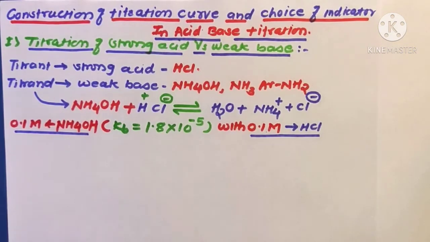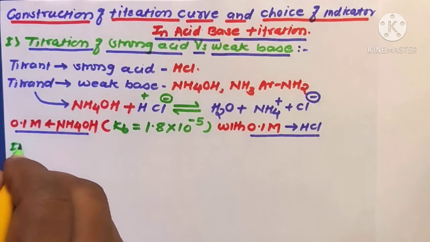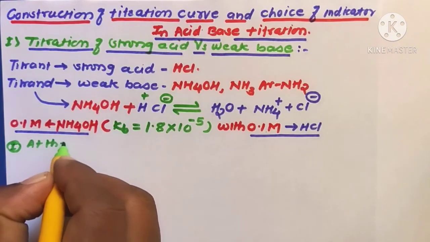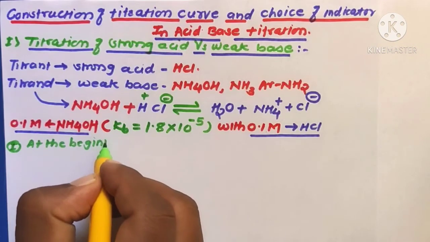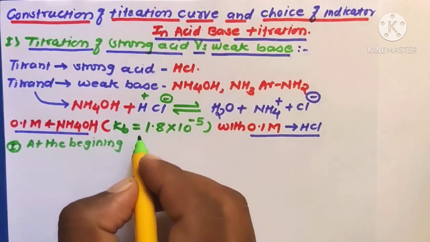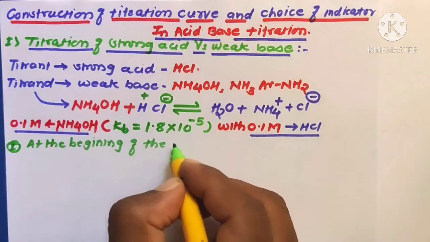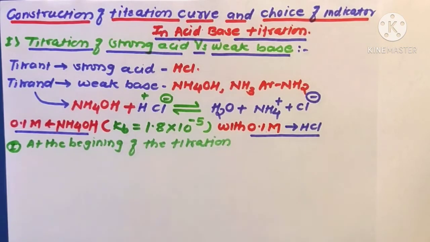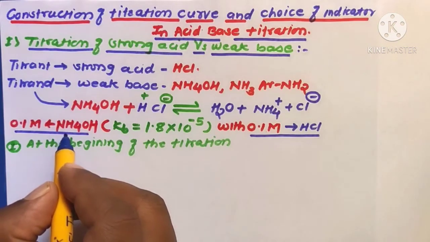Therefore, the pH value at the various stages can be calculated in the following manner. The first one, at the beginning of the titration. At the beginning of the titration, in the conical flask there is only the ammonium hydroxide solution.